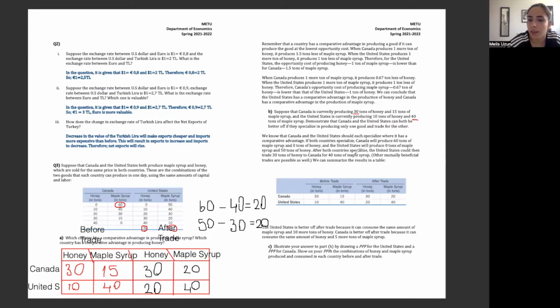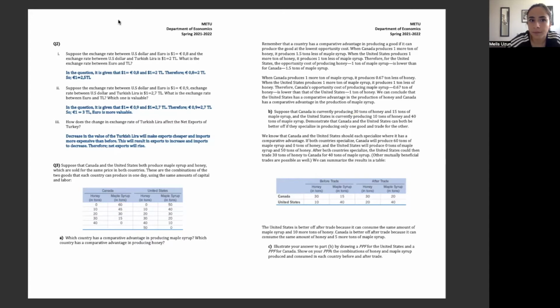That's why we have this table. I hope it is clear. So let's look at the C part.